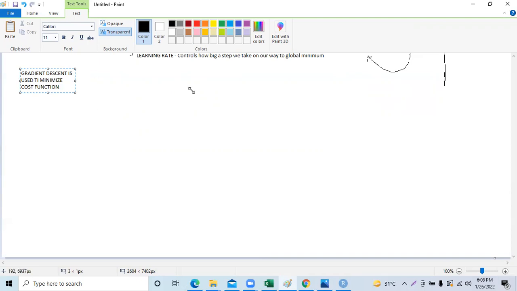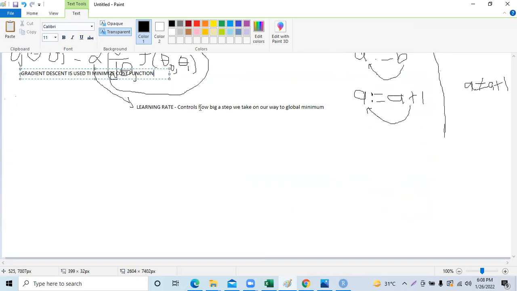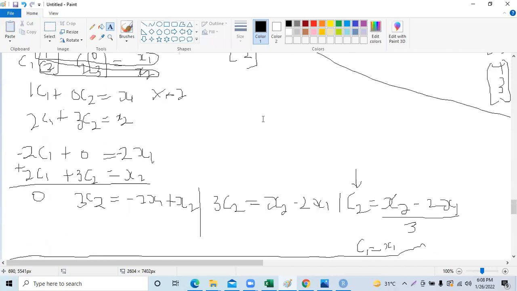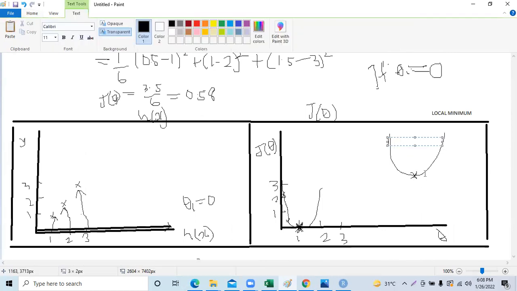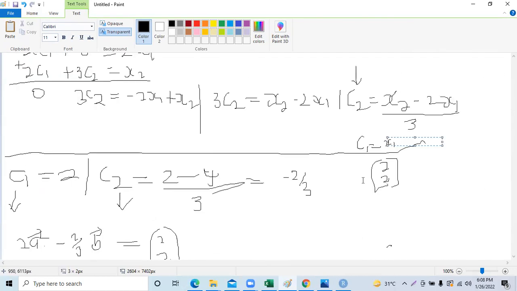It's not only used for linear regression. We use gradient descent for all the other machine learning algorithms that we have. So gradient descent is used to minimize cost function. You want to take your cost function to the global minimum. We use gradient descent to move from, let's say, here to here, or from here to here. So that's what we use gradient descent to do.